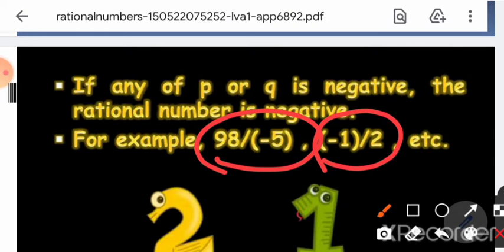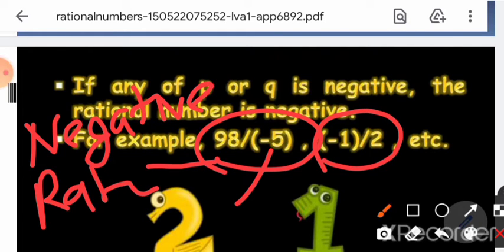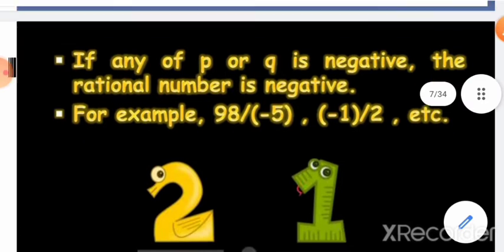Both are negative rational numbers, because in 98 upon minus 5 the denominator is negative. It means any number in p by q format where any one of the numerator or denominator is negative is a negative rational number.